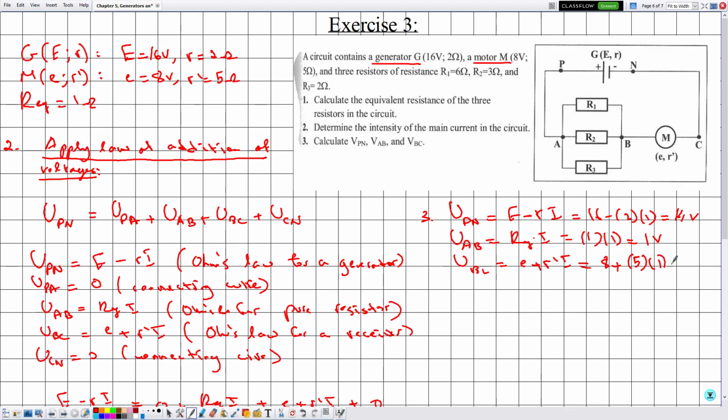The value of the current is 1, so this is equal to 13 volts. So now we can write that the voltage UPN is equal to 14 volts, the voltage UAB is equal to 1 volt, and the voltage UBC is equal to 13 volts.